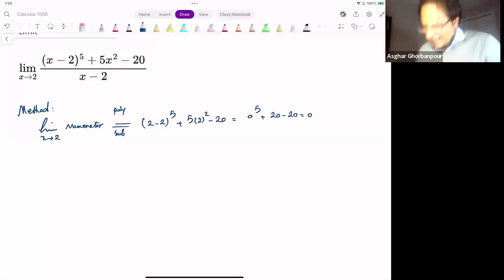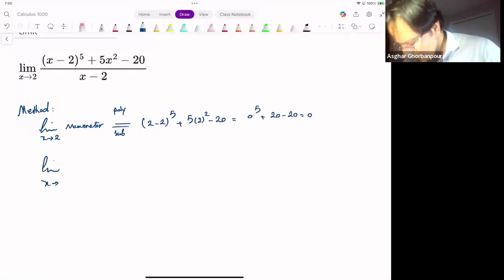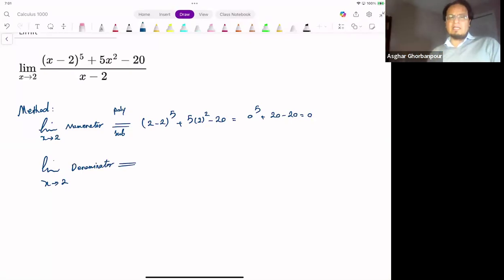Well, sorry, I had to start with the denominator. That's my fault. The reason we start with the denominator is that we see a quotient there. We want to use the quotient law, but the quotient law holds when the limit of the denominator is not 0.